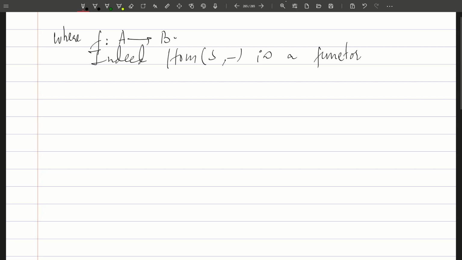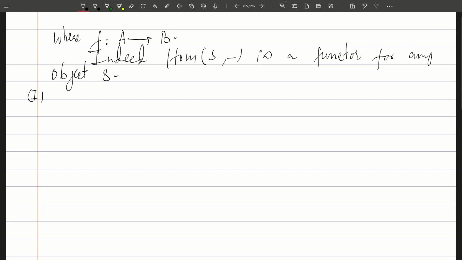So this is a functor for any object S. First of all, we have to prove it preserves identities.